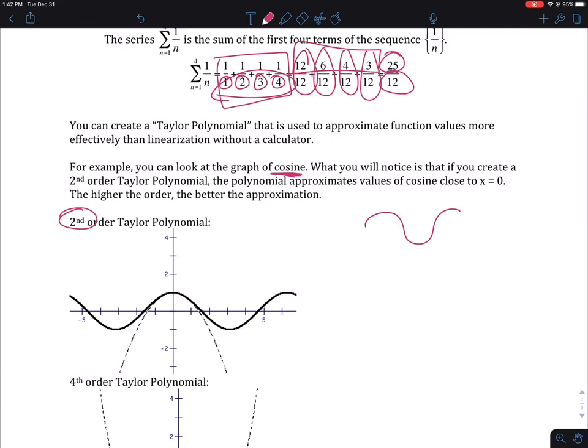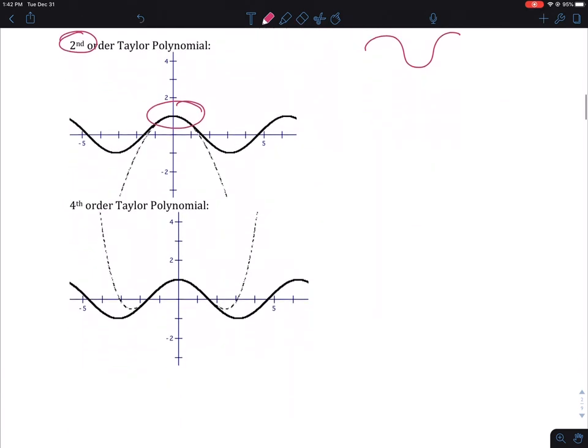my polynomial looks very, very close to the cosine curve near x equals 0. Then the polynomial pulls away from my cosine curve, so it's not as accurate.